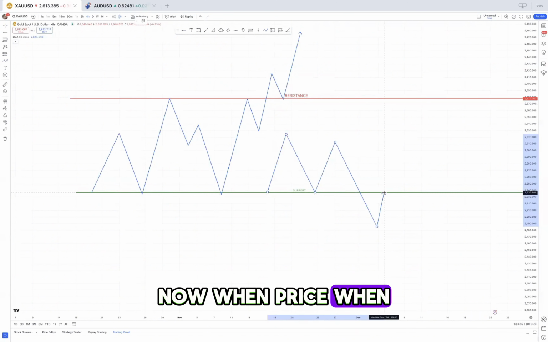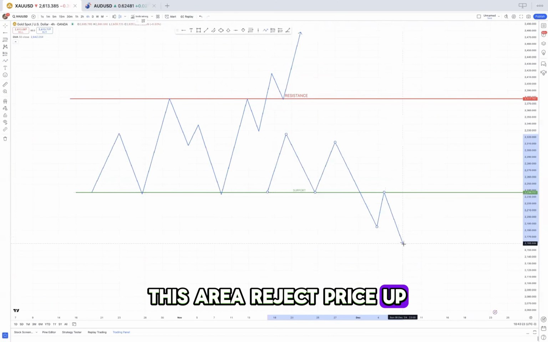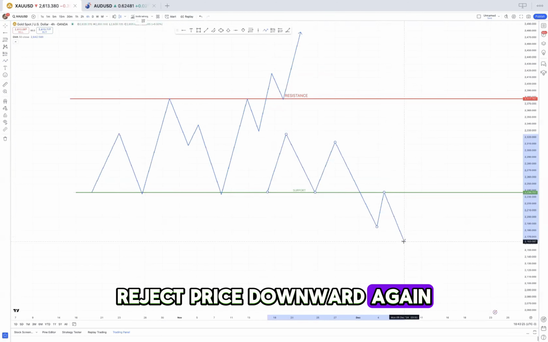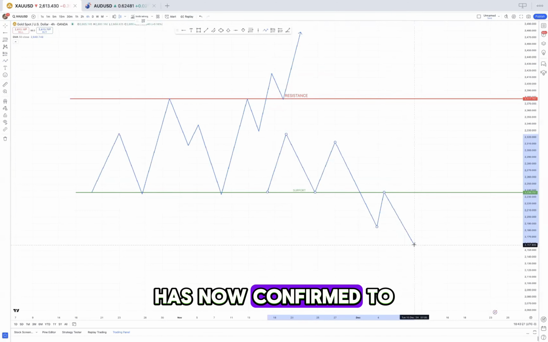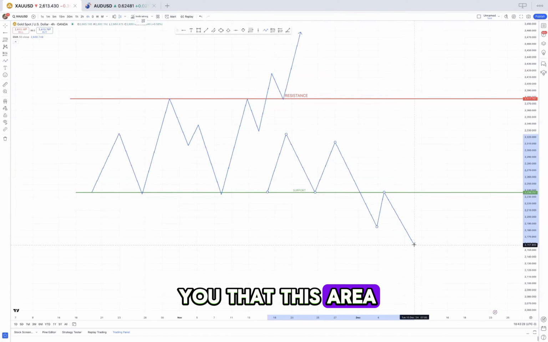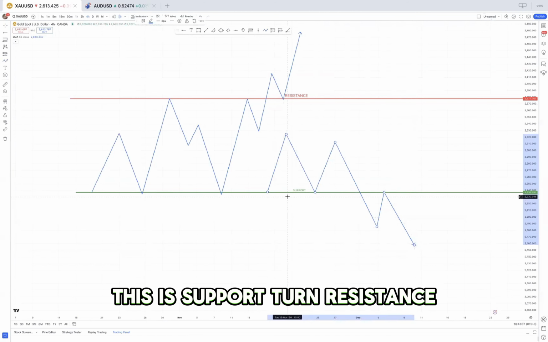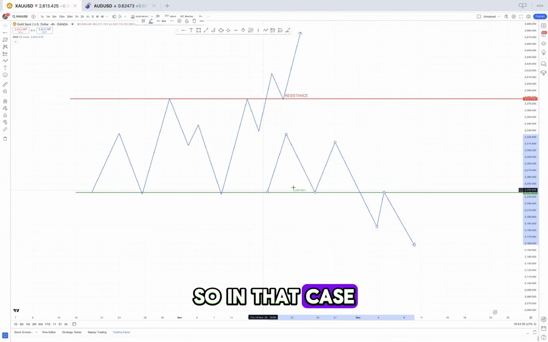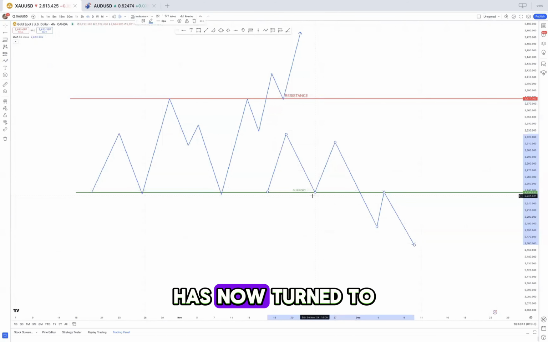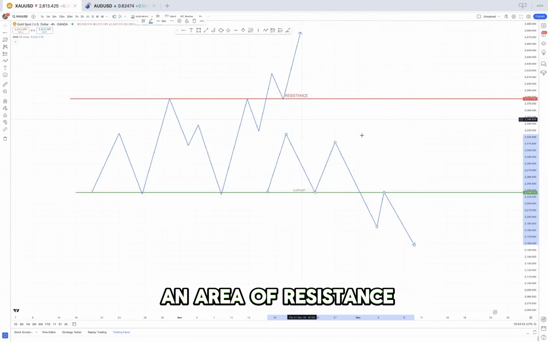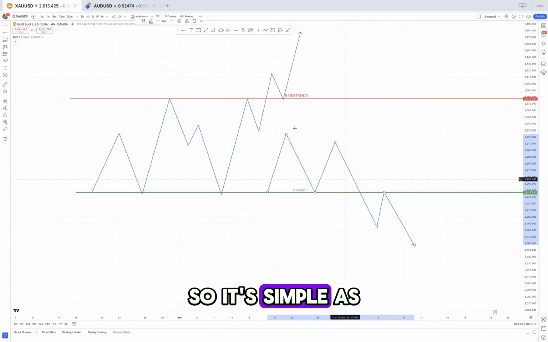Now, when this area rejects price downward again, it has confirmed to you that this area has changed from support to resistance. This is support turn resistance. So in that case, this area of support has now turned to an area of resistance. So it's simple as that.